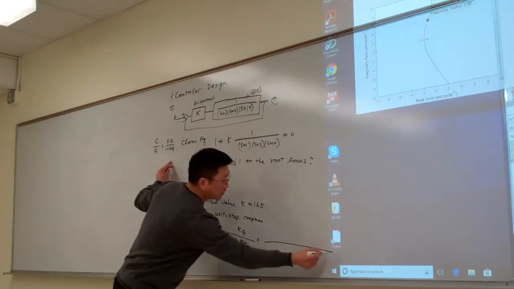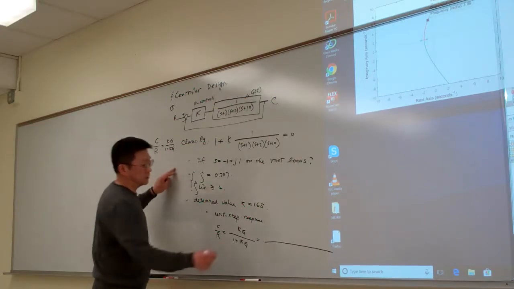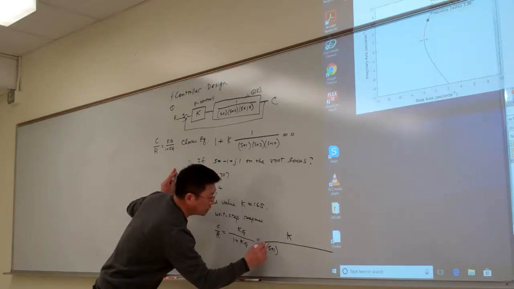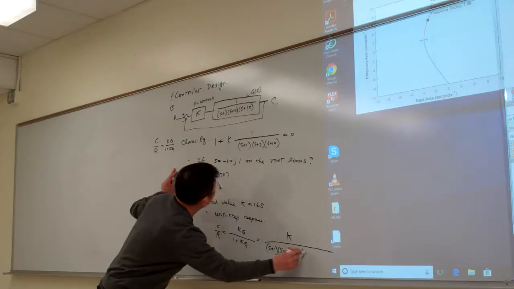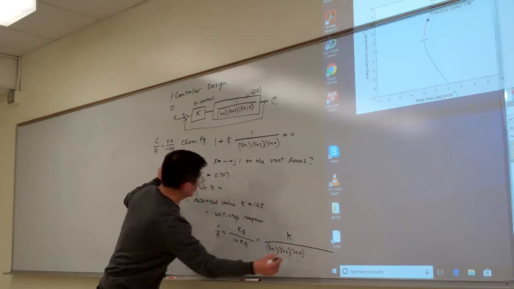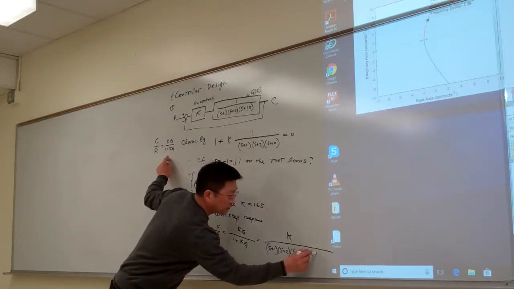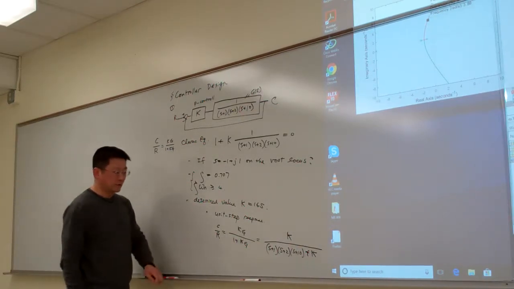So K over (s plus 1)(s plus 2)(s plus 10) plus K. If I make a mistake, help me. Okay, so that is the closed loop transfer function.